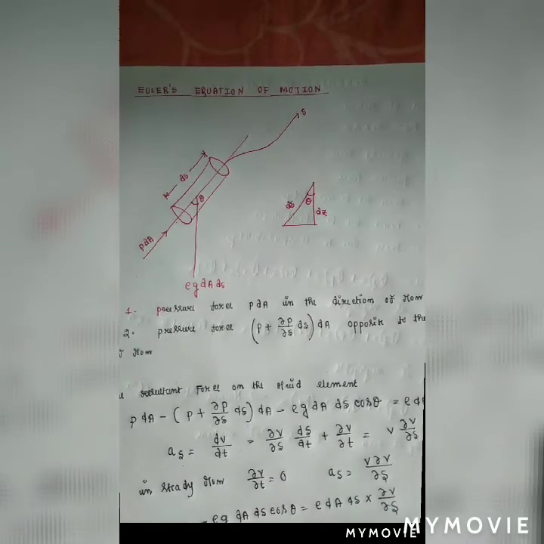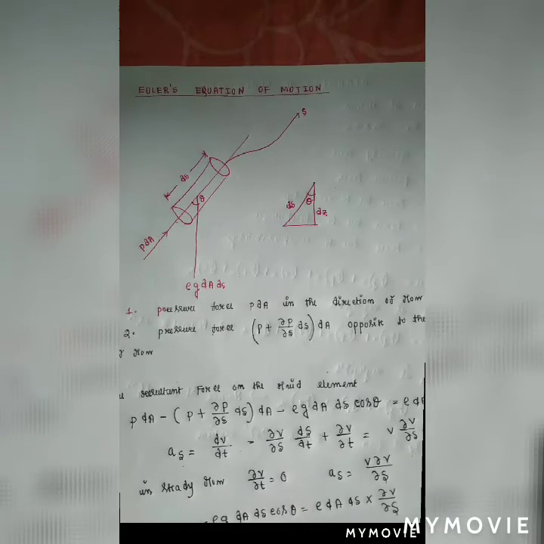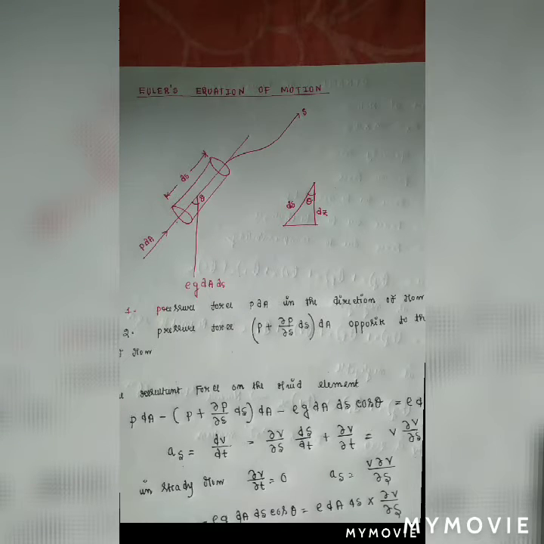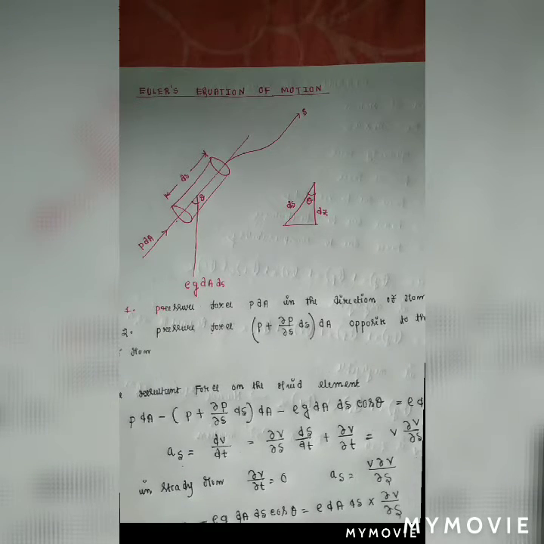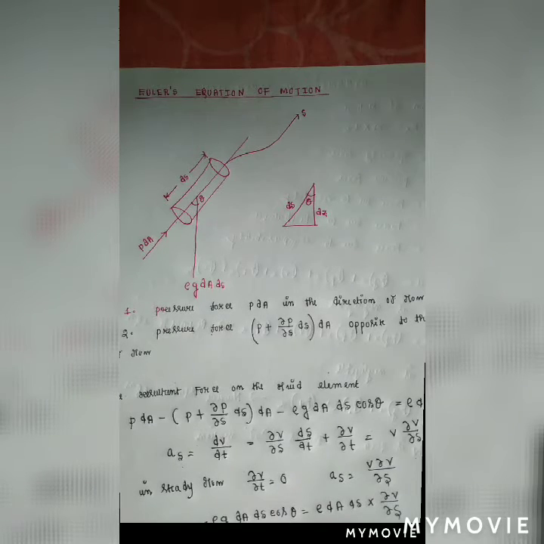So this will be rho ds dv by ds by rho ds dA. This will be cancelled and what is left is v del v by del s. Or this equation can be written as del p by rho del s plus g cos theta plus v del v by del s equal to 0.